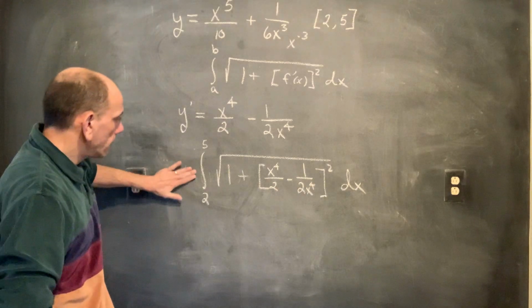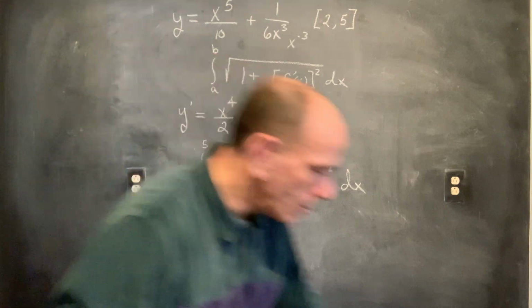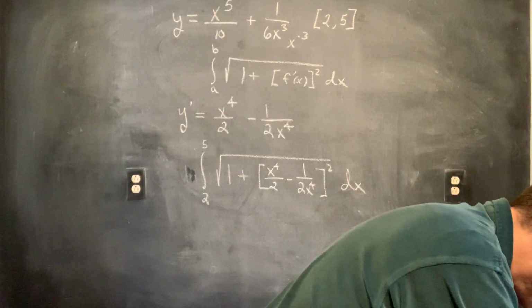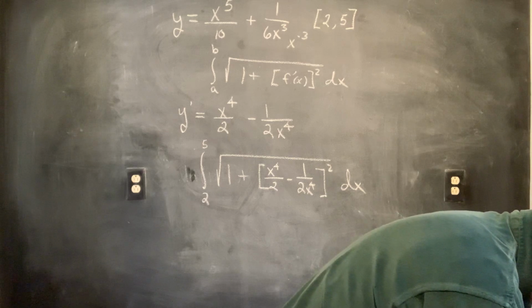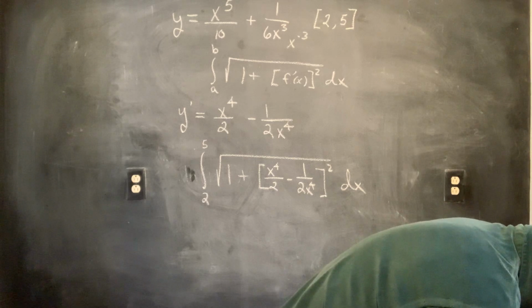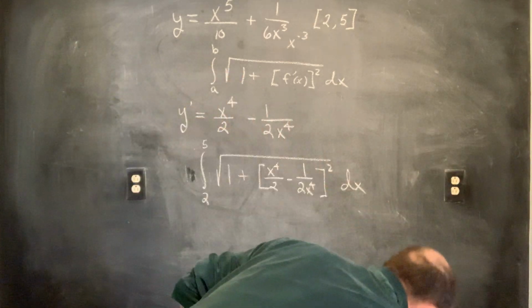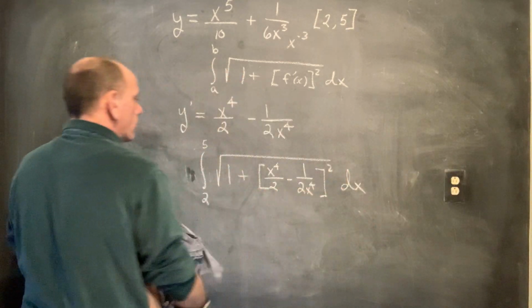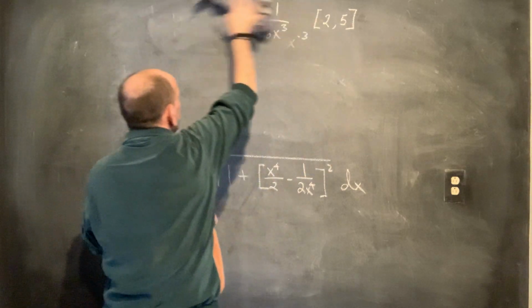All right, this is our arc length. There's our setup. That's not too bad. The setup isn't too bad. The trouble is that we've now got all this mess underneath the root there. So that's what we're on about now. We're just basically doing algebra, trying to get out from under that root.